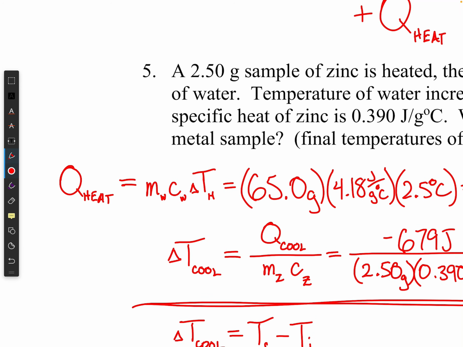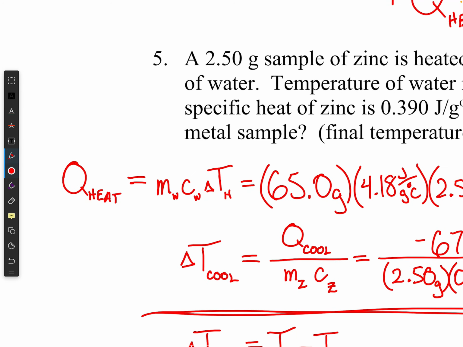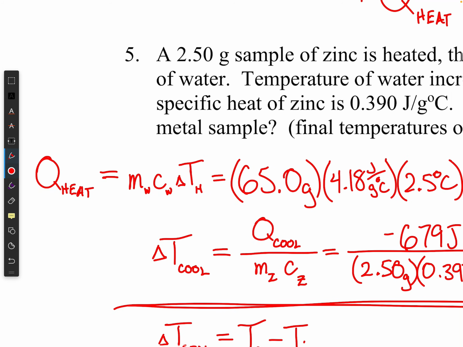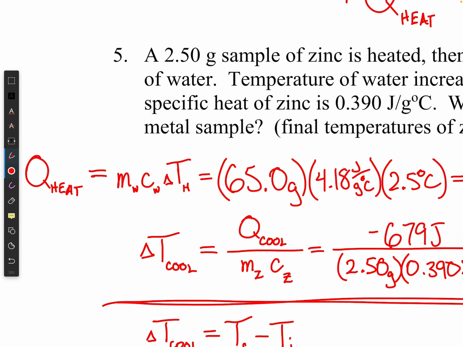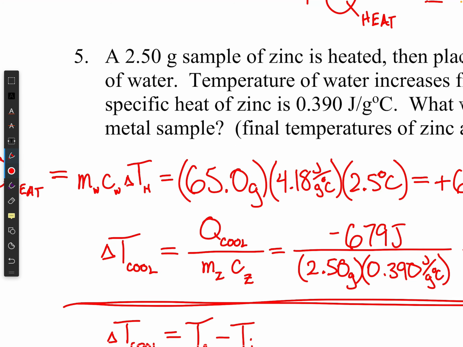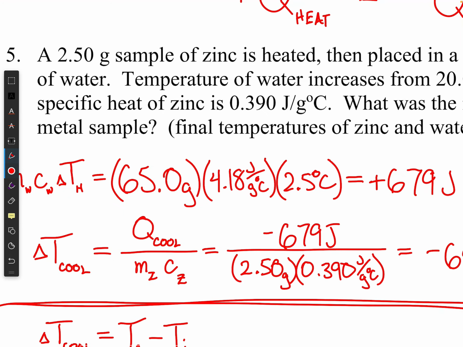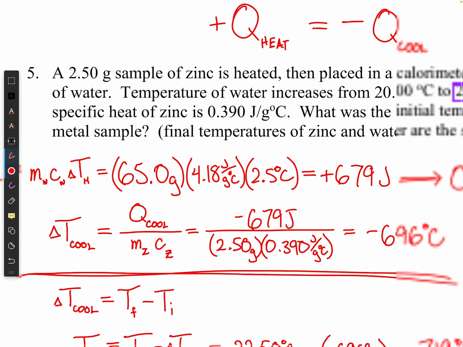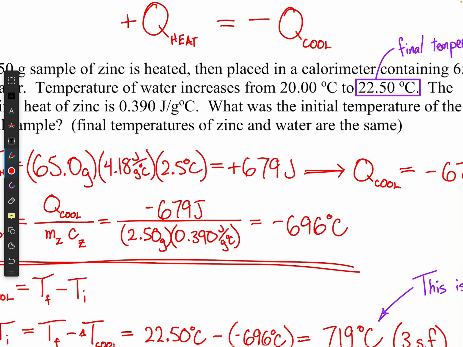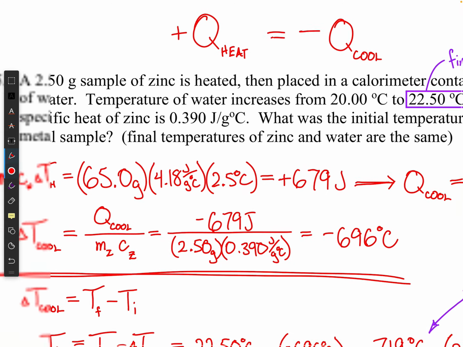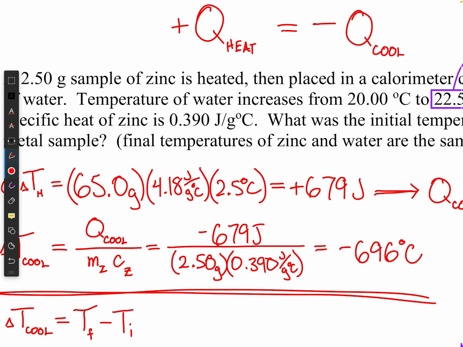Okay, and so that is going to be given by energy of heating is equal to the mass of the water times the specific heat capacity of the water times the temperature change required for heating our substance. And what we will then find is that when we plug in our values, we have 679 joules. And this value is positive because the water is heating up.